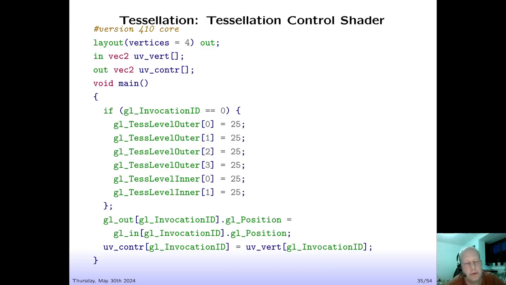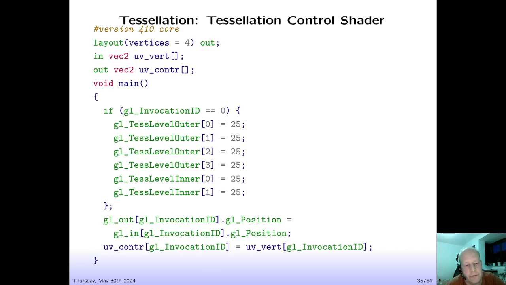It takes as input 4 UV coordinates, and outputs 4 UV coordinates. This shader is going to get invoked 4 times for our quad, with gl_InvocationID set to 0, 1, 2, or 3.